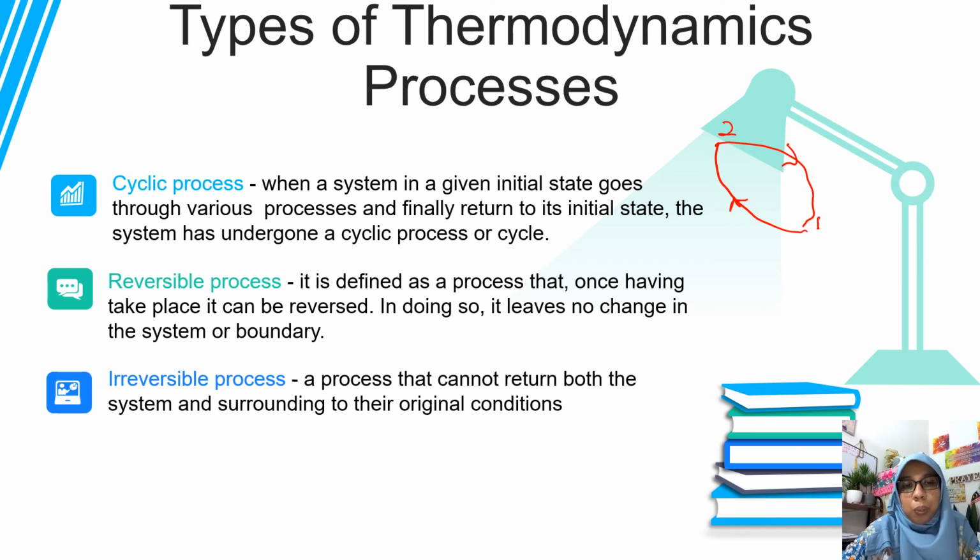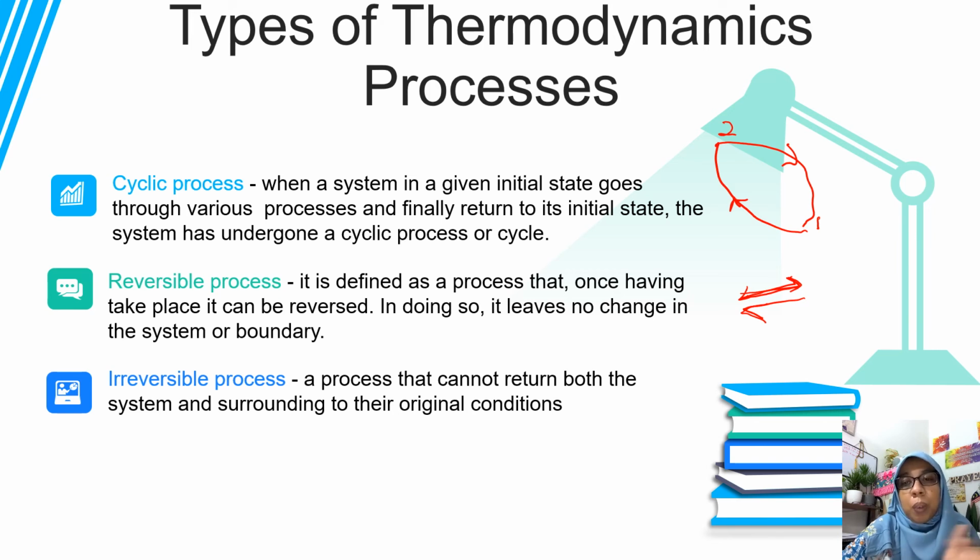A reversible process is defined as a process that once having taken place, can be reversed. In doing so, it leaves no change in the system boundary. So biasanya kalau dia reversible process ni, dia akan ada macam ni lah. So kalau awak tengok ada proses, dia ada lambang macam ni kan. So dia bermaksud sebagai reversible process.